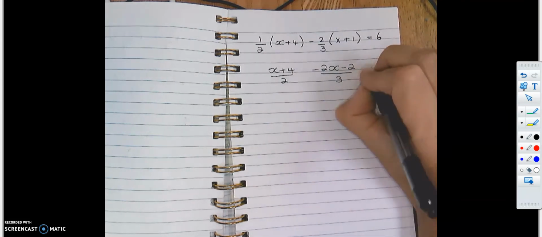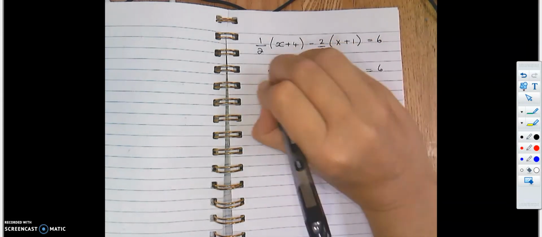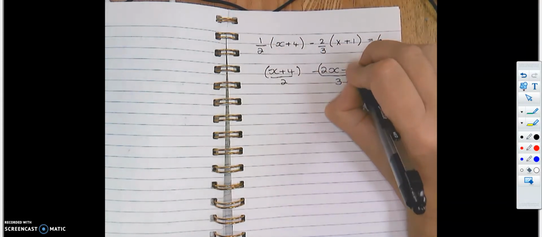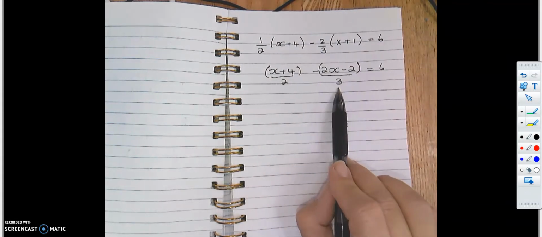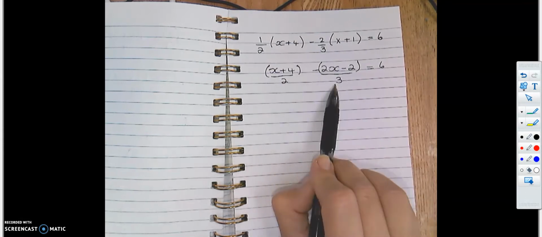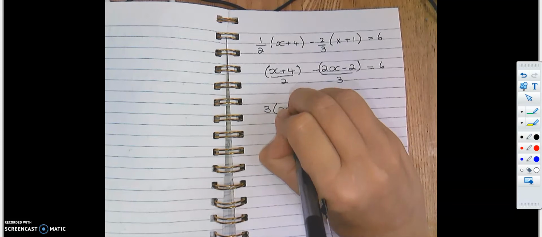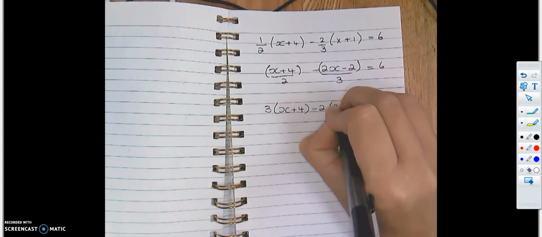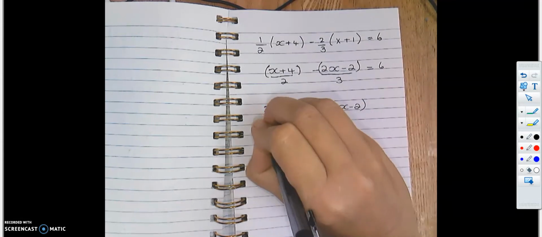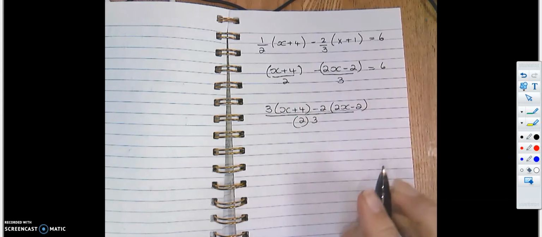Okay, equals 6. Now to solve it again like before, write brackets around your numerators. We're writing this as a single fraction, so bottom comes up, bottom comes up, bottom by bottom. So we get 3x plus 4 minus 2 times x minus 2 over 2 by 3.